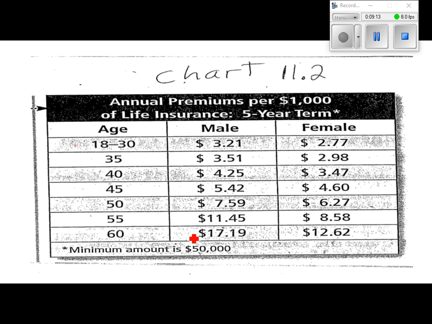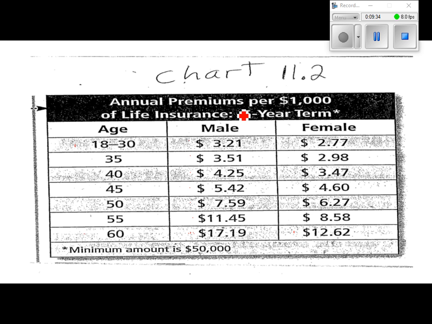So as you get higher and higher, and these numbers are probably low compared to what they are as of right now, you notice when you get way up here, females are like $5 cheaper per unit than males. That's quite a bit.